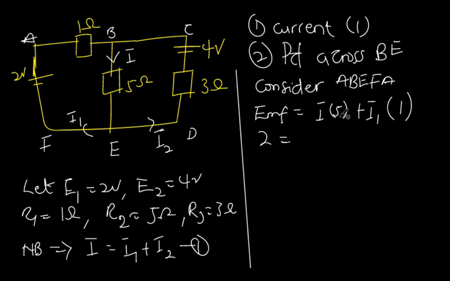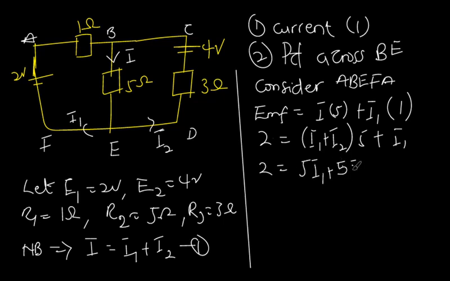So we have 2 is equal to, now the I from equation 1 is telling us I1 plus I2. So we have here I1 plus I2, that is for the I, times 5 plus I1. Then we break this down. So we have 5I1 plus 5I2 plus I1.